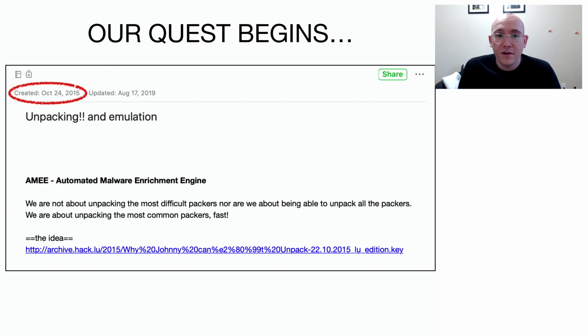So it was around 2015 that Sean and I first got interested in building an automated unpacker. And you can see this is a screenshot of our Evernote that we created. We have this shared Evernote in 2015 where we laid out the concepts for what we wanted to do. And the reason why is we were at Hack.lu and we watched this talk called Why Johnny Can't Unpack. And it was basically going through all these different reasons that I've just talked about, why unpacking was hard, that sort of thing.